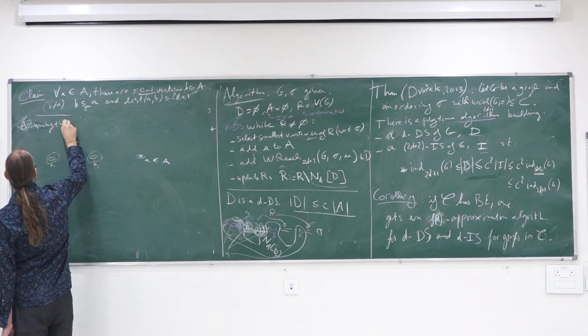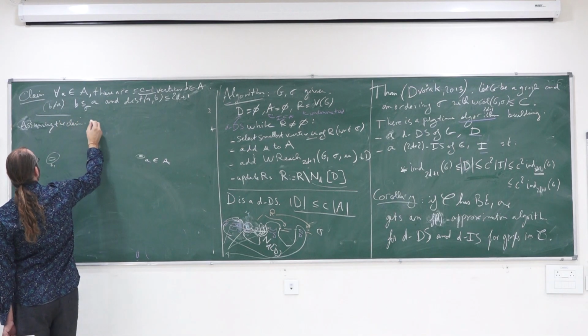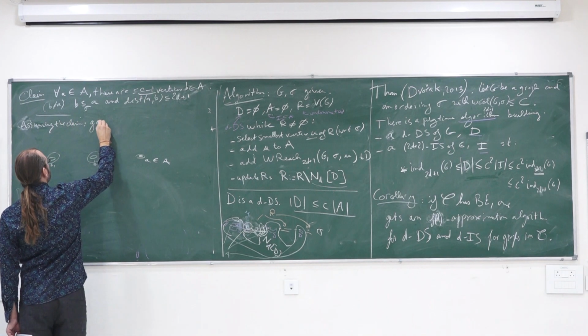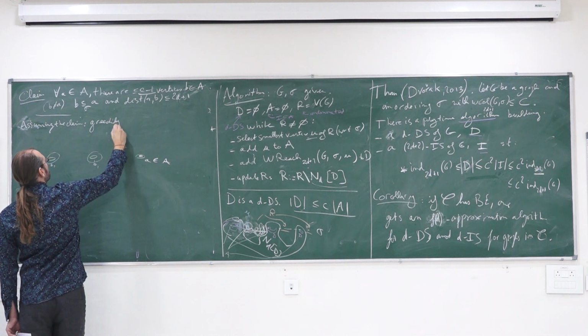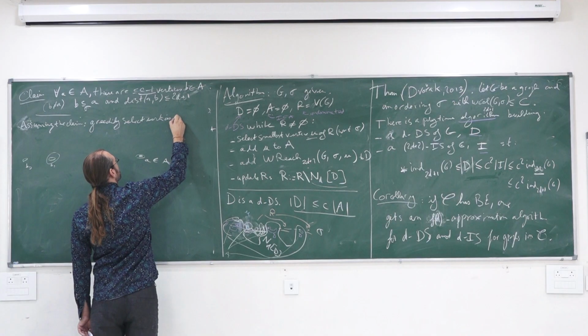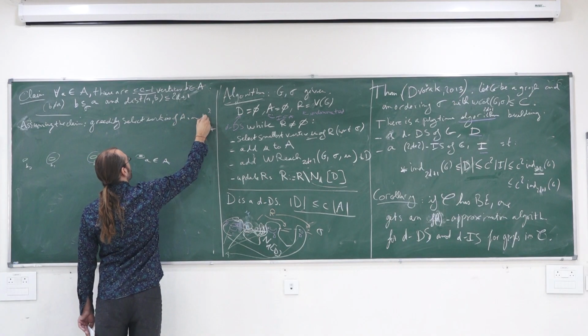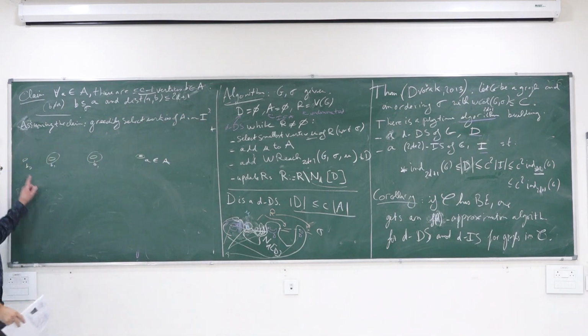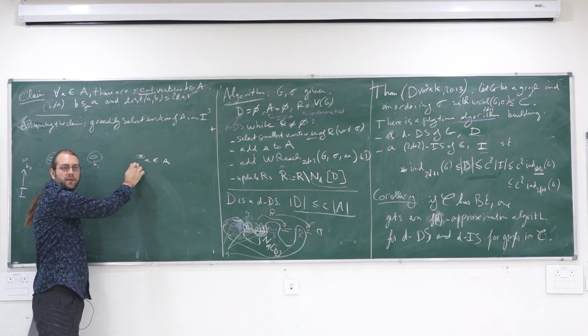what do we do? You greedily select vertices of A in I. What does it mean? Take the first one, you put it in I. Then the next one, maybe it is too close to this one, so you don't take it. As long as you are too close to somebody you have already selected, you don't take them. But whenever you get a vertex which you could put in the independent set, you do it.